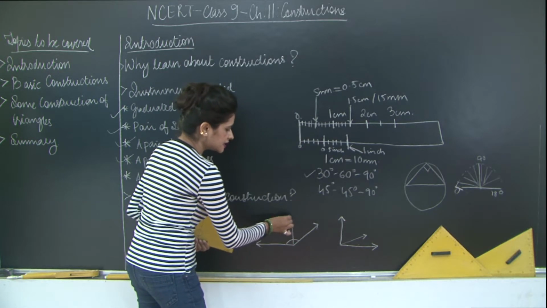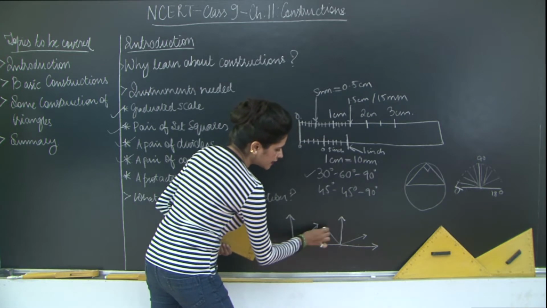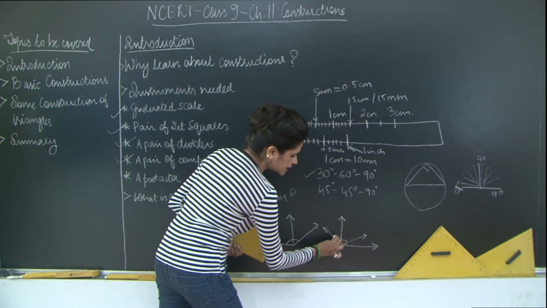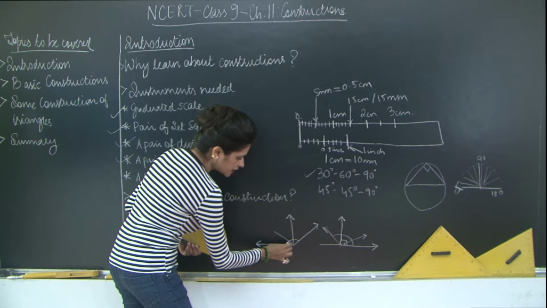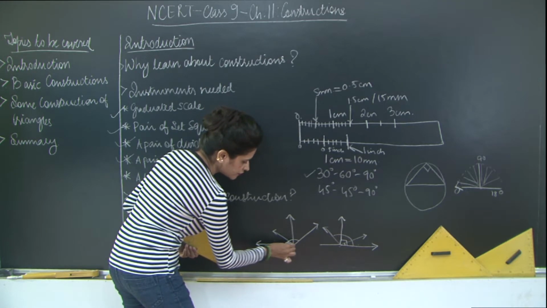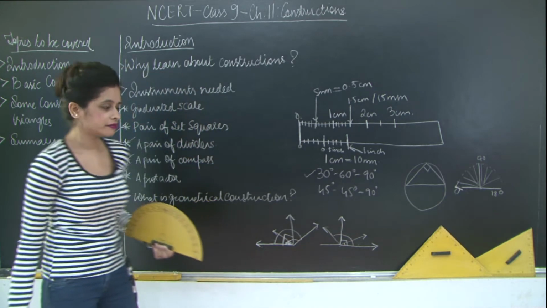For example, 90 degree is here, and the obtuse angle will lie between 90 and 180 degrees. So this is going to be your acute angle, this is going to be your 90 degree, and this will be your obtuse angle. Similarly over here, this is your acute angle, the small one, then this is your right angle, and this is your obtuse angle.